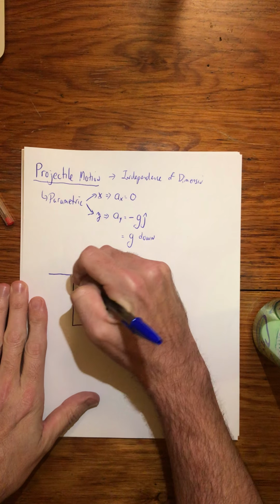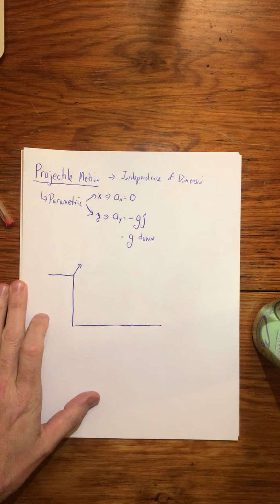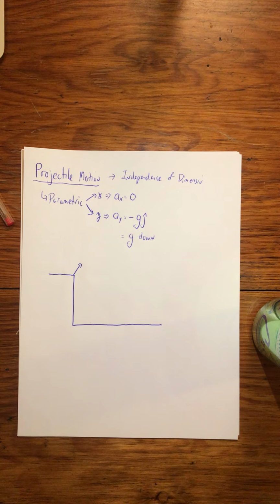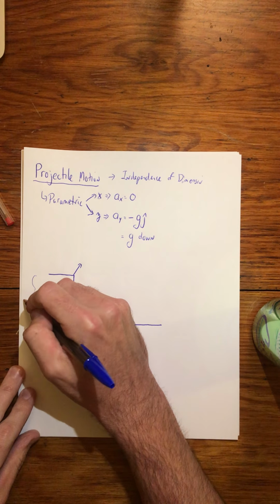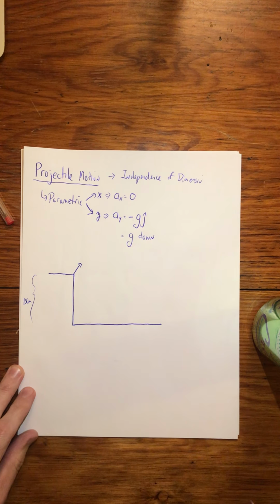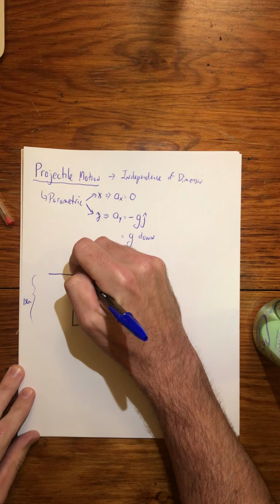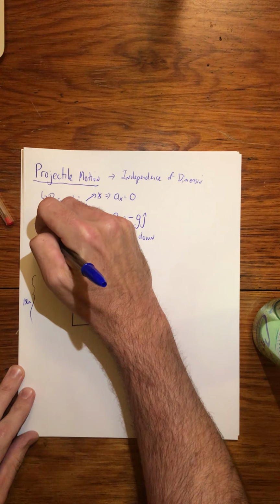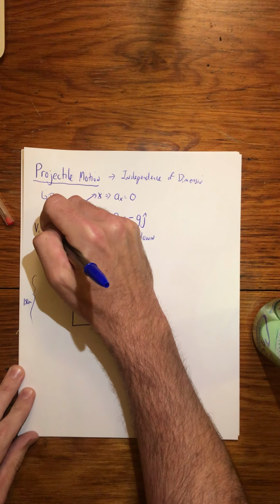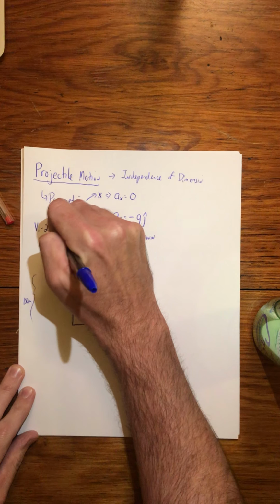So let's say I have a cannon being fired off of a cliff. Let's say I know that the cliff here is, I don't know, 150 meters tall. And let's say that the initial velocity of this launch has a magnitude of, I don't know, 200 meters per second.